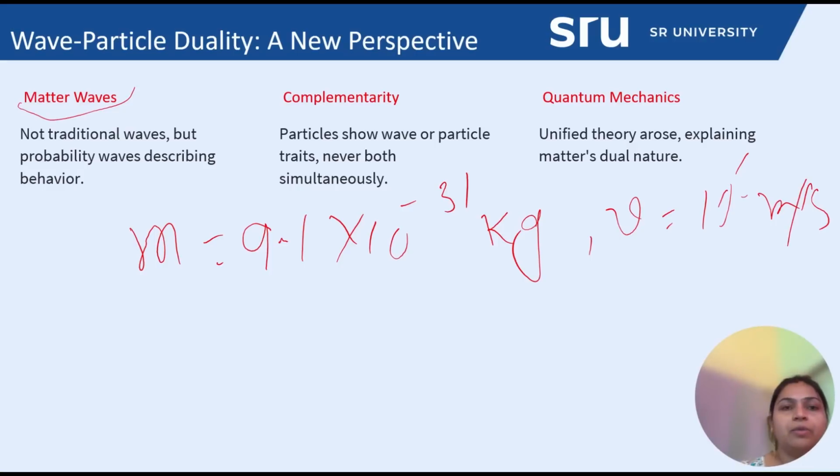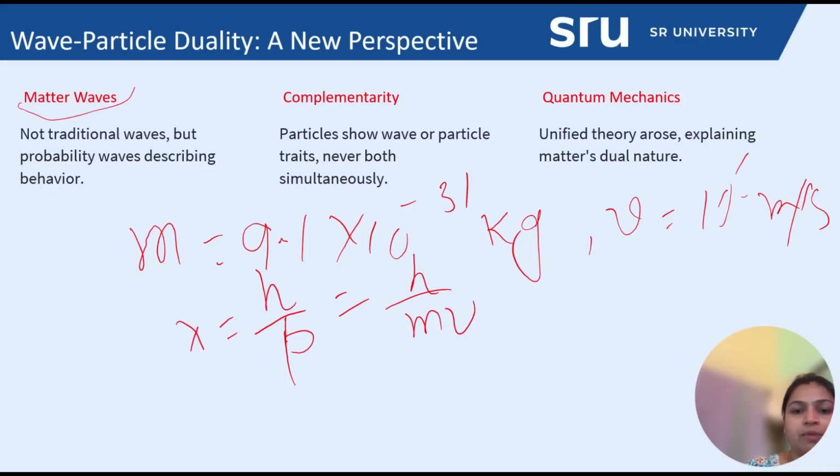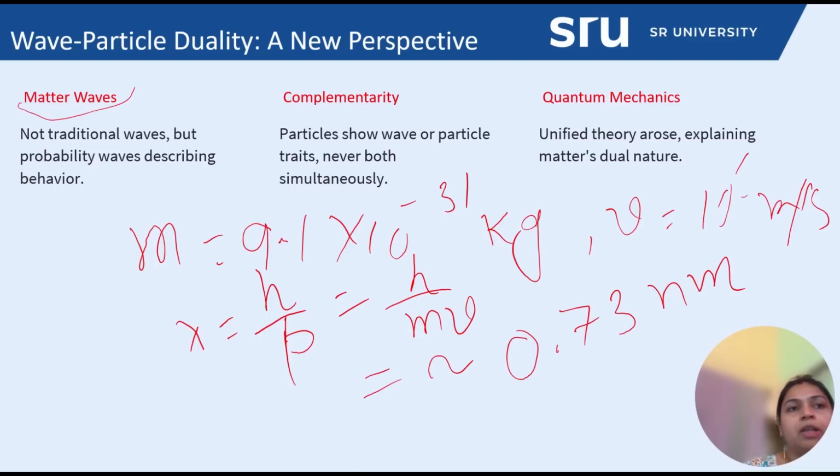Now if we want to calculate with the formula lambda equal to h by p, we know Planck's constant, and p is nothing but mv, the momentum. If we use these two formulas, we get approximately 0.73 nanometer. This value is comparable to the atomic dimension.